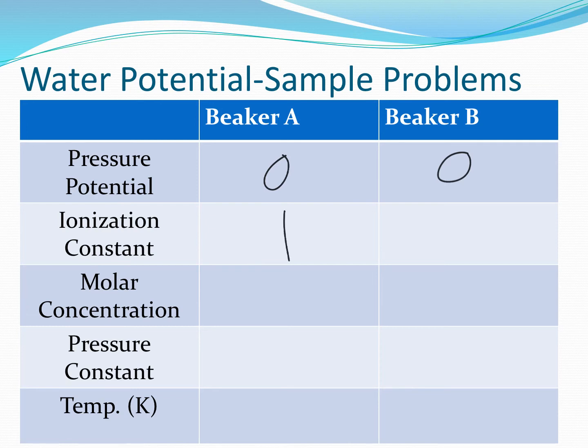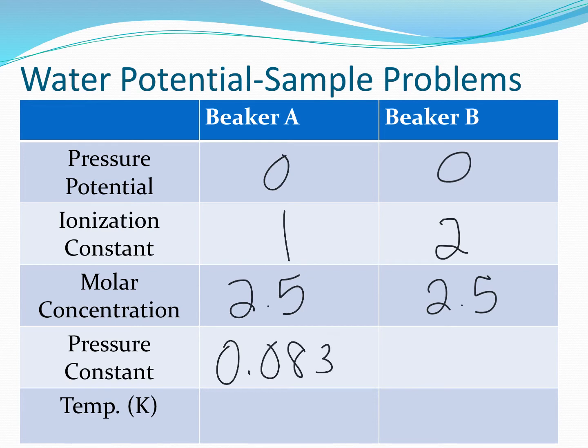For beaker B, it's sodium chloride, salt, NaCl, so its ionization constant is 2. Molar concentration is just the molarity, so that's 2.5 for both. The pressure constant is given to us. It's always 0.0831, and you have that on your paper already. And then finally, the temperature in Kelvin. I have a temperature of 25 degrees.